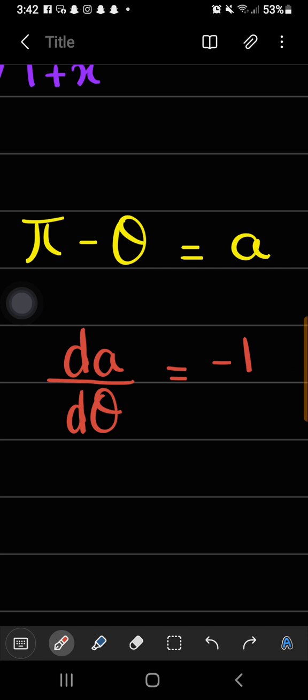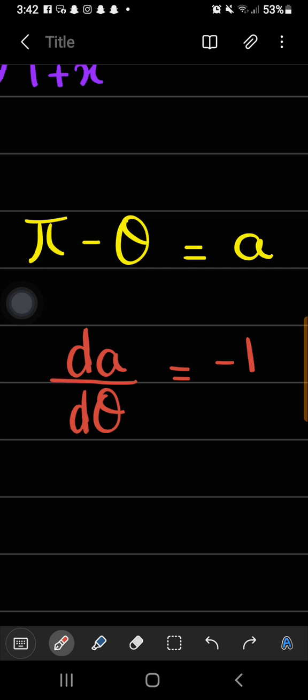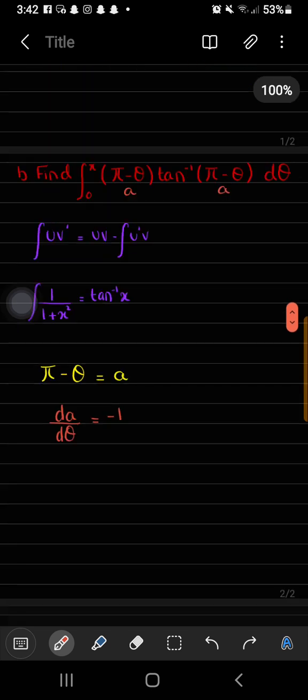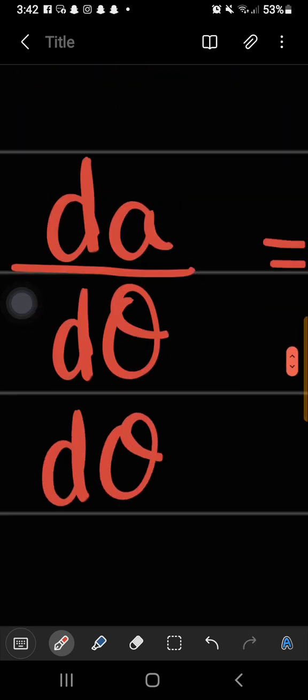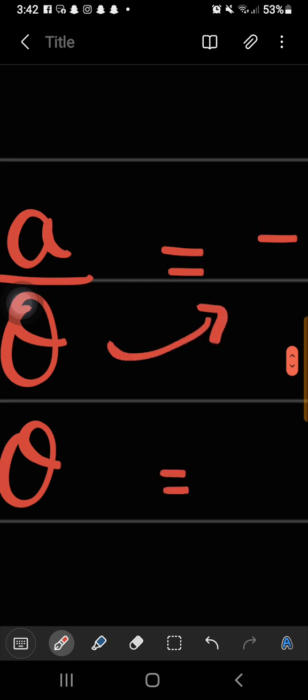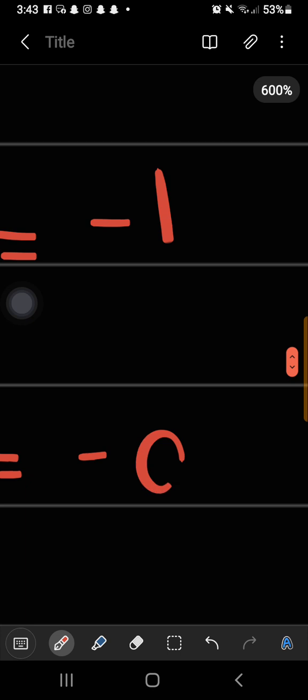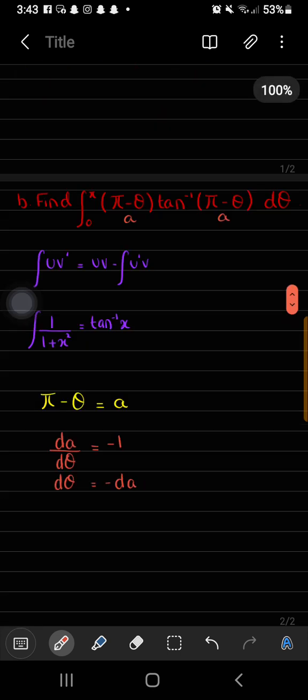If we differentiate dA upon pi minus theta, like dy over dx, this will become minus 1. We have to replace d theta with dA. So d theta will go there and it will be minus dA. Okay, so we are done with this.